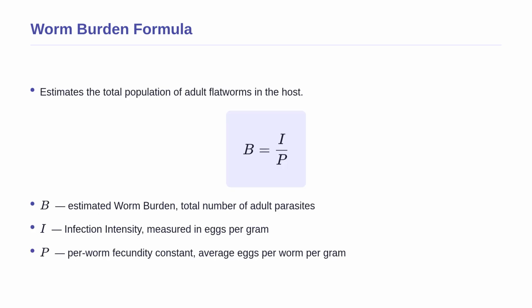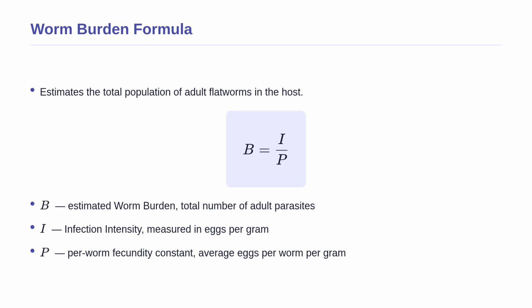To unveil this hidden population, we use the population estimation formula. Conceptually, we are stripping away the reproductive multiplication factor to reveal the base population size. Here, B represents the estimated worm burden, which is the total number of adult parasites. I is the infection intensity we just calculated.